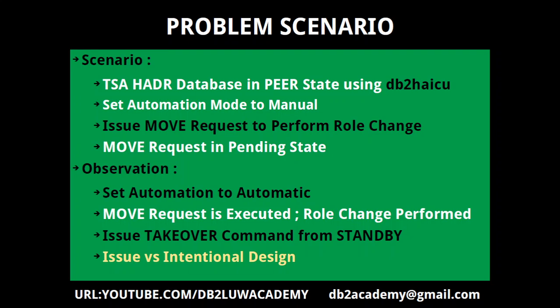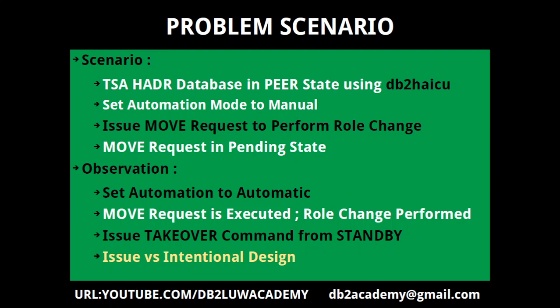This slide talks about this scenario. We have a TSA HADR database in peer state using DB2 HA, and we have set the automation mode to manual intentionally. Maybe for some reason it is in manual mode, and if you issue a move request to perform the role change, that request is going to be in pending state. It will not be executed until you switch your automation mode back to automatic.